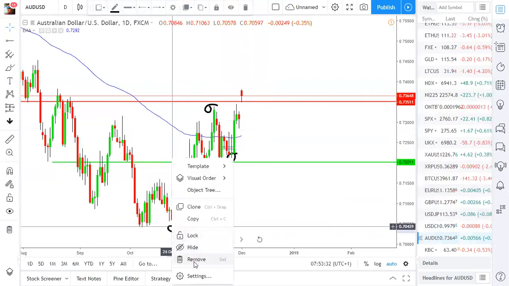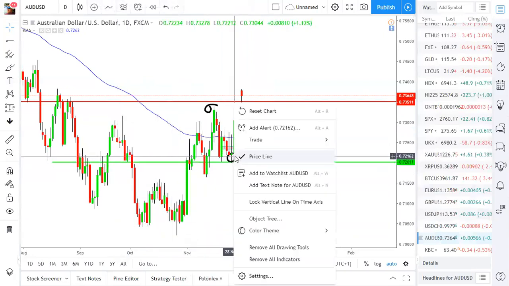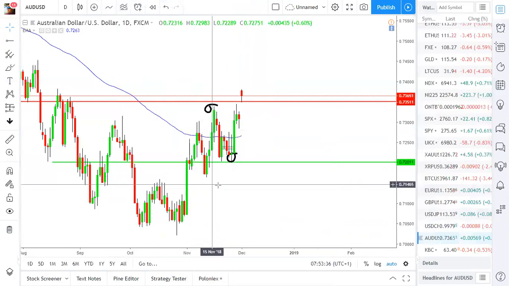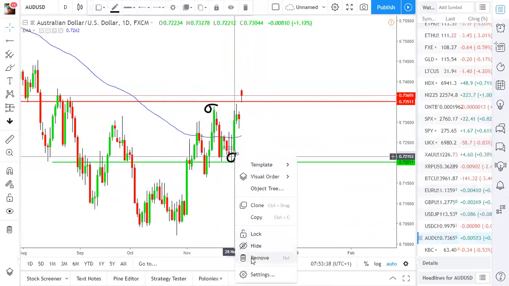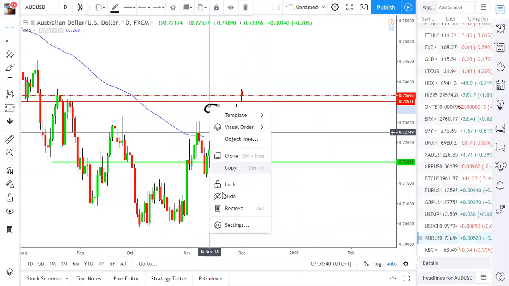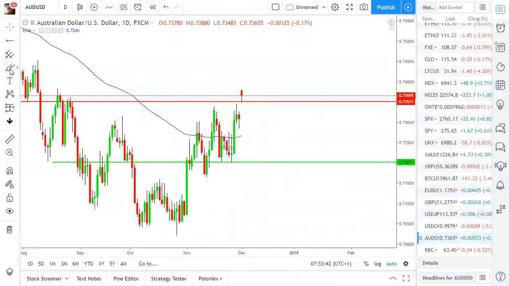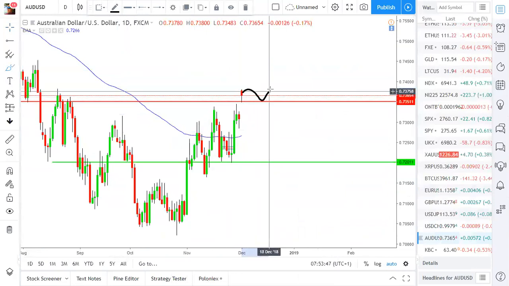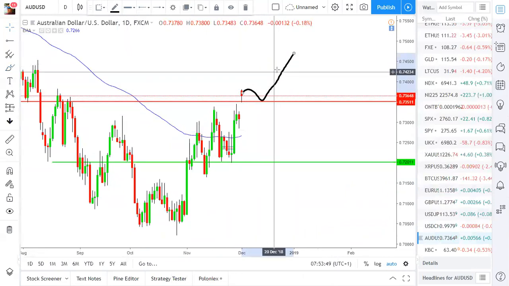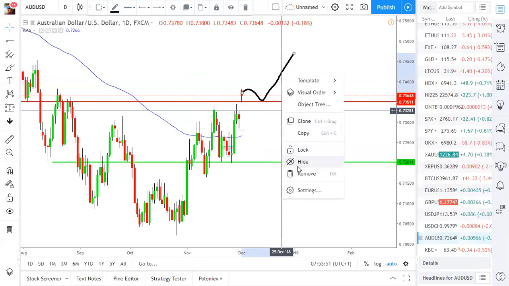So for me, I will be looking at buying opportunities on this pair. You can see right here we've broken through this resistance. So what I'll be looking for is a reason for entry and then longing that pair.